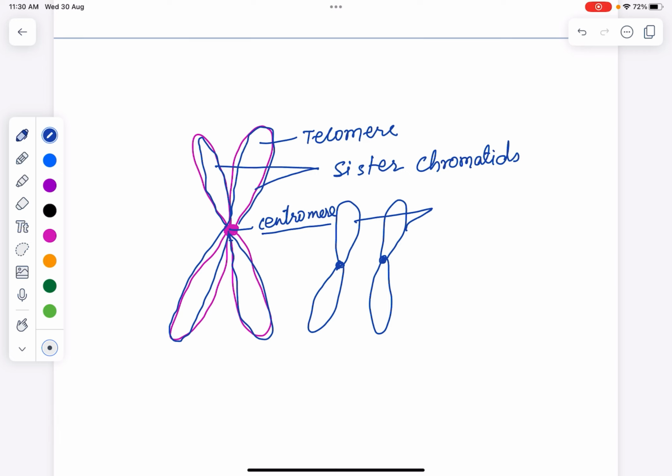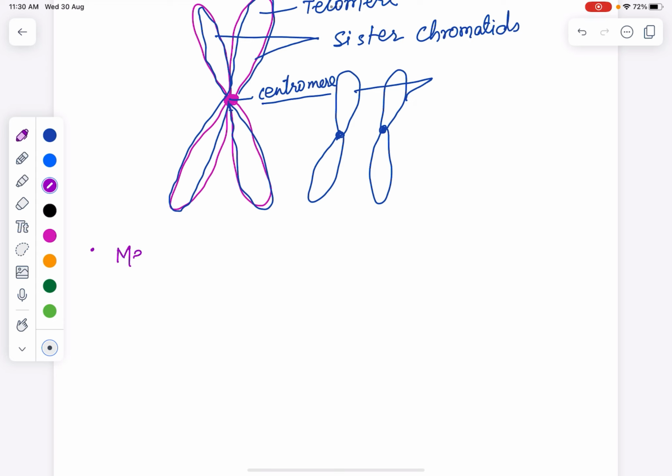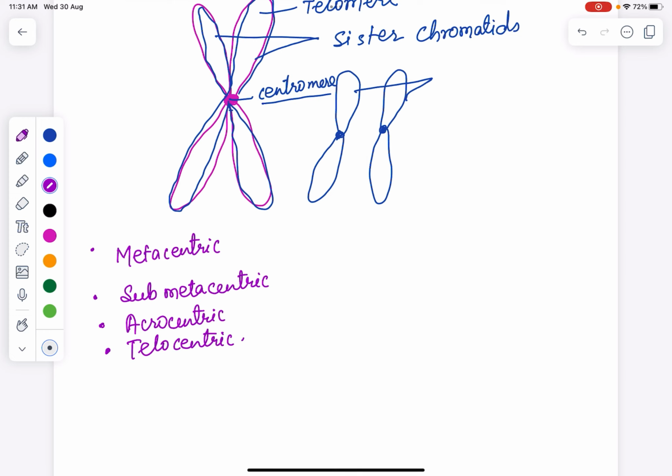So these chromosomes are categorized into four types: metacentric, submetacentric, acrocentric and telocentric. In metacentric, as we can see, the centromere is placed almost exactly at the center.